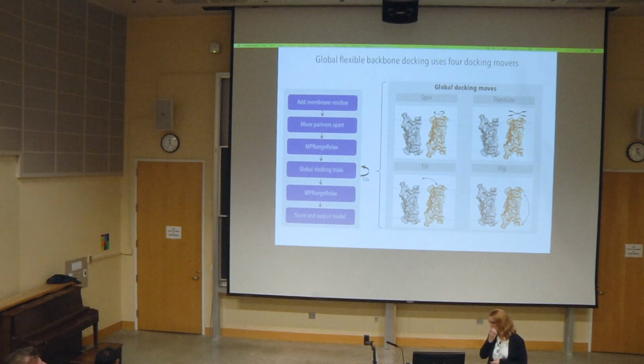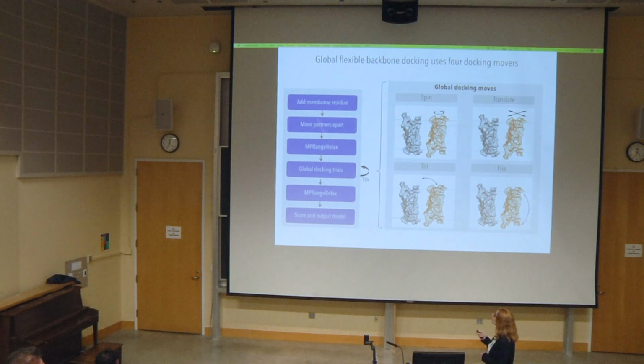And so what I set out to do is I implemented a protocol for global docking of membrane proteins, but also flexible backbone docking, because proteins move, they're not rigid molecules. And so this is a very basic overview of how this protocol looks like.